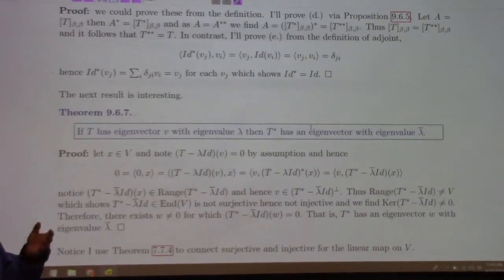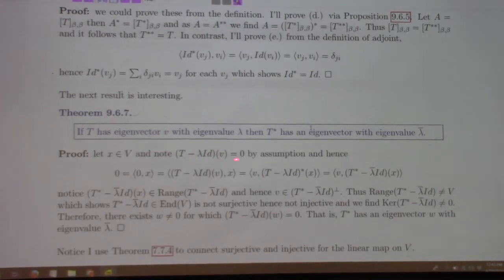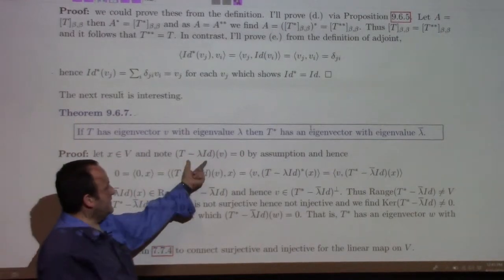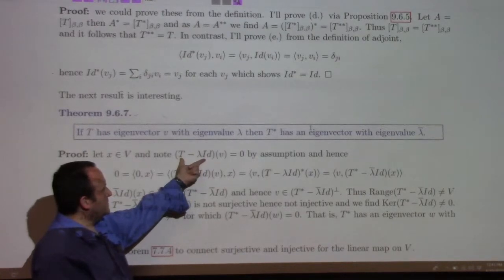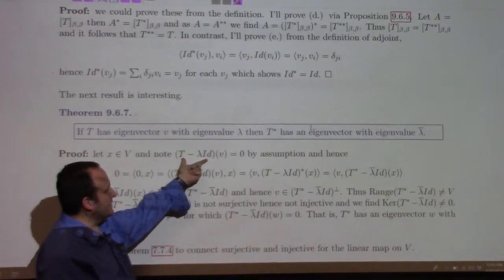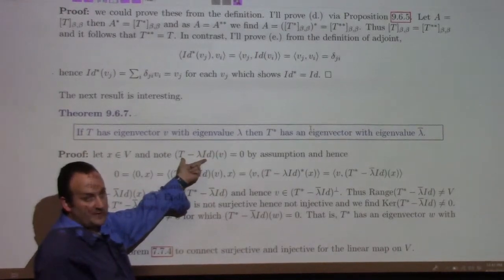I just said it has an eigenvector, at the moment. So here you go. If it has eigenvalue lambda, that means that there exists v non-zero such that this is equal to 0. What does that say? That says that this particular linear transformation has non-zero kernel, among other things.